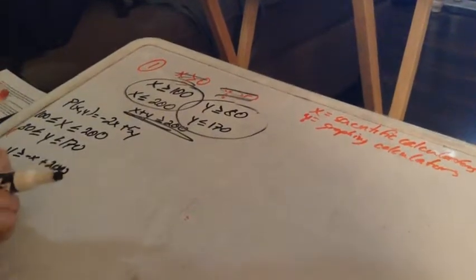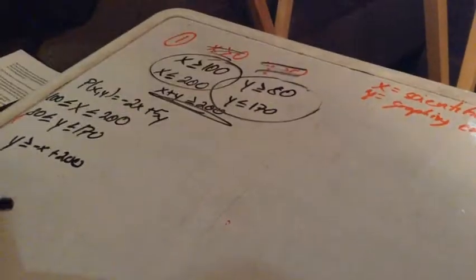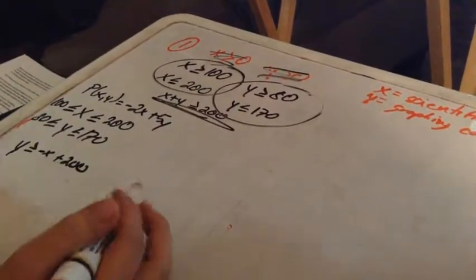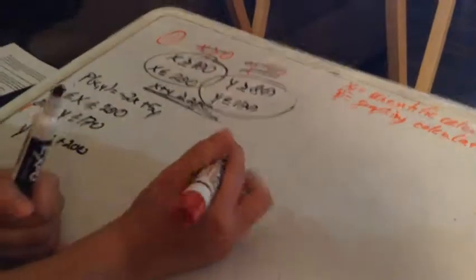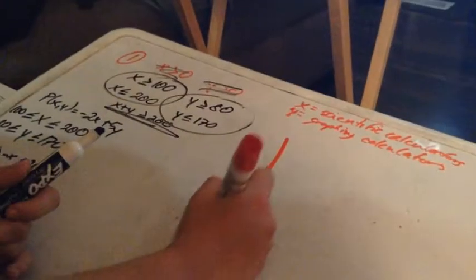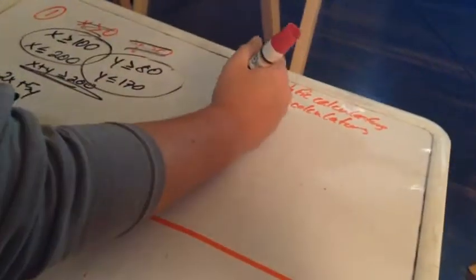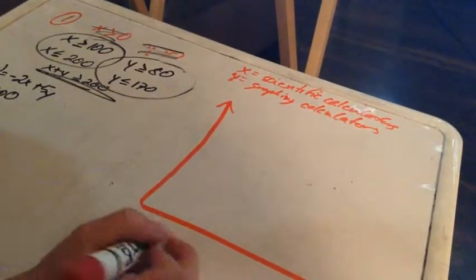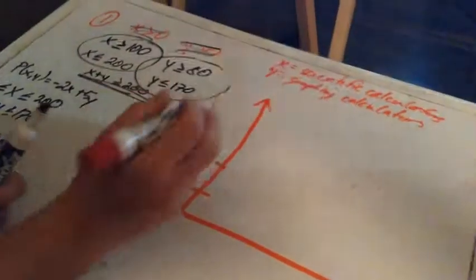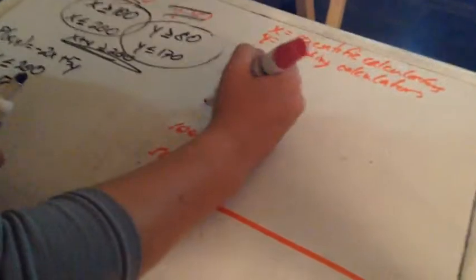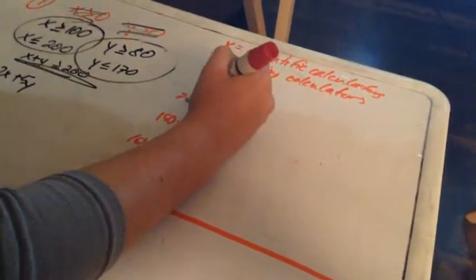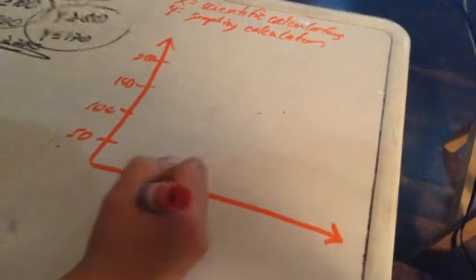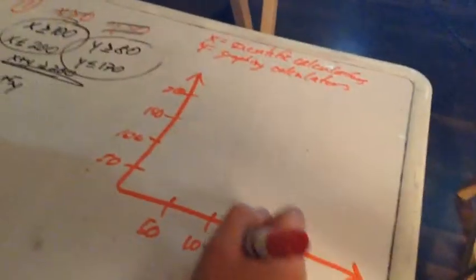So, now that we have all of our equations made, we're going to set up a graph. I'm going to go by 50s on my y-axis, just to make things a little easier, and 50s on my x, to keep it consistent.